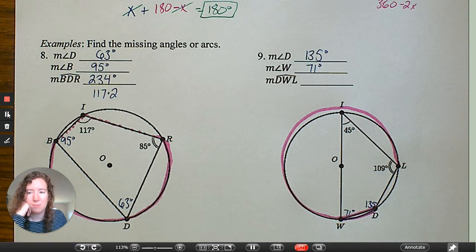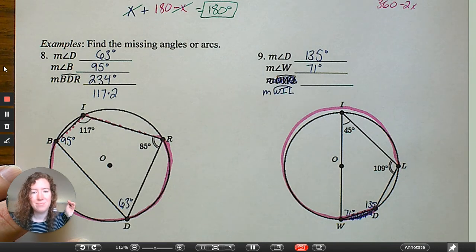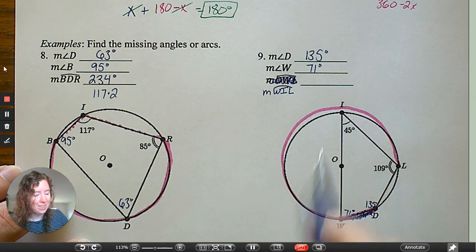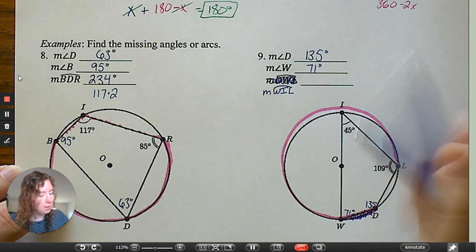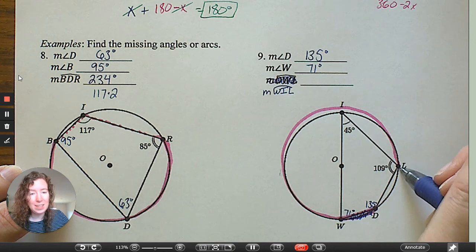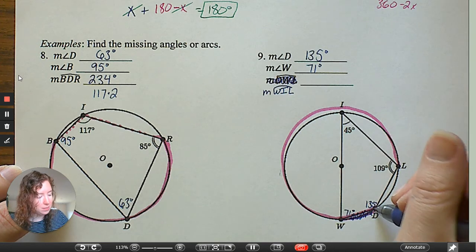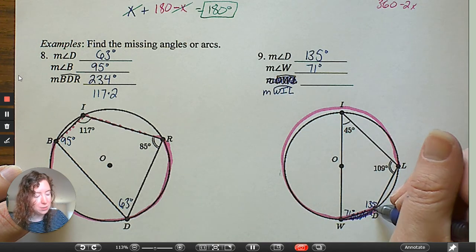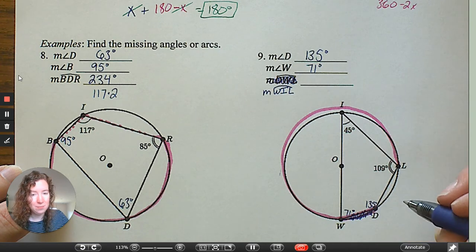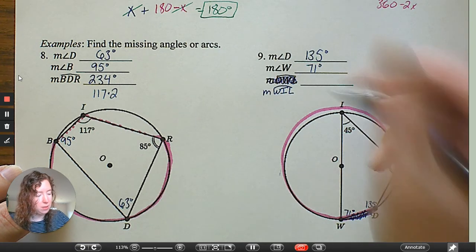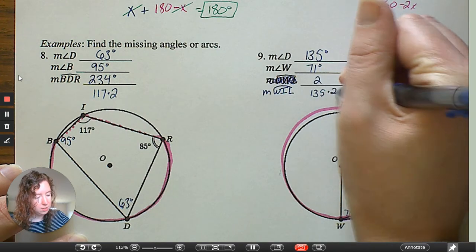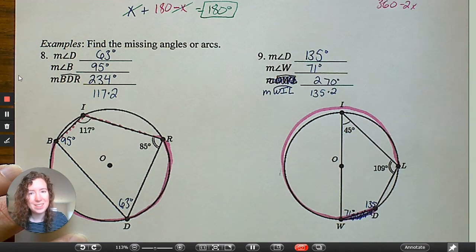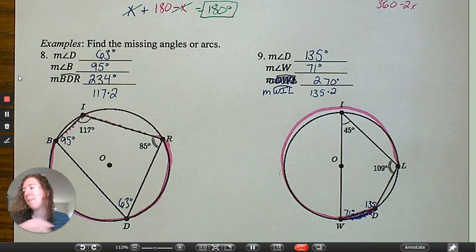What is that going to be? Looks like I made a typo. Sorry, y'all. I wanted you to find the measure of arc WIL, not DWL. So WIL is the intercepted arc from this angle D right here, because D goes to W and to L. And so if I just double 135, I will get 270 degrees. Sorry about that.